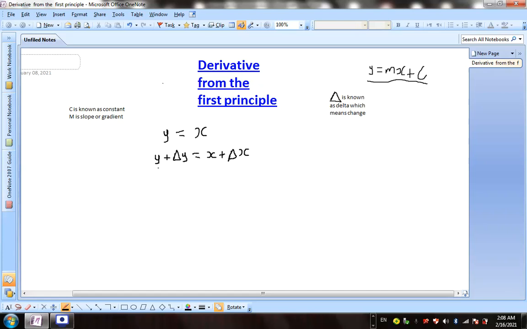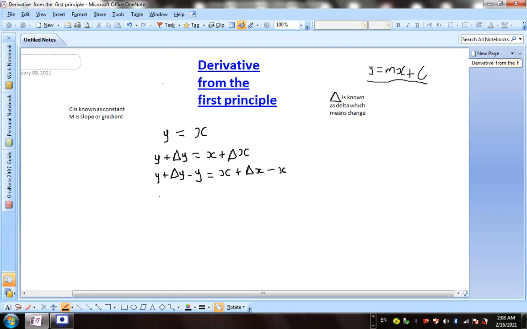Now subtract y from this side and x from this side. We have y plus dy minus y, which is equal to x plus dx minus x.